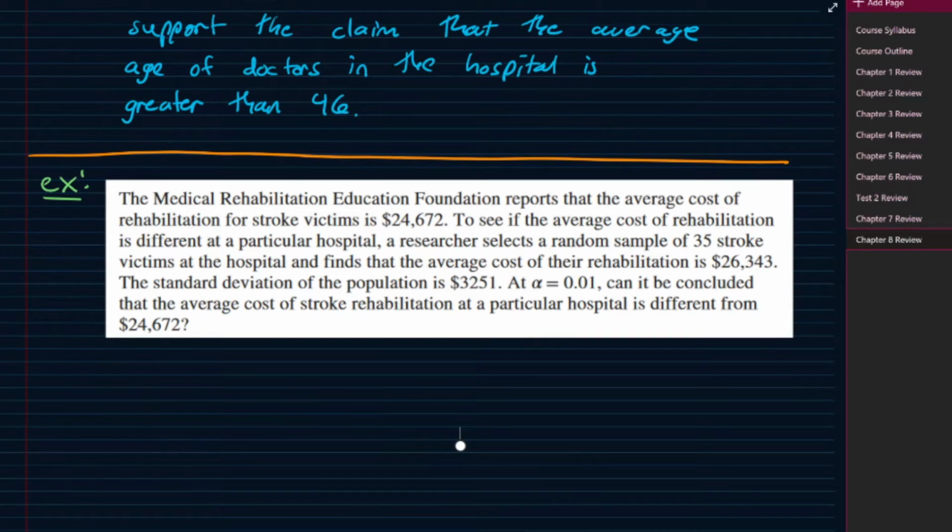The standard deviation of the population is $3,251. At an alpha of 0.01, can it be concluded that the average cost of stroke rehabilitation at a particular hospital is different from $24,672?